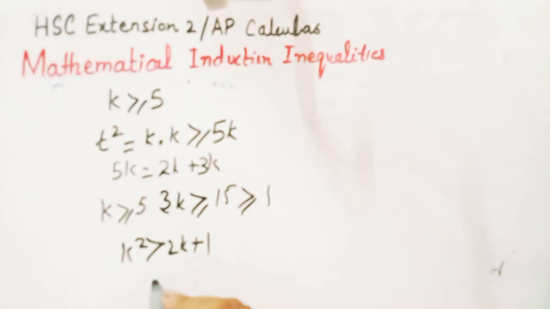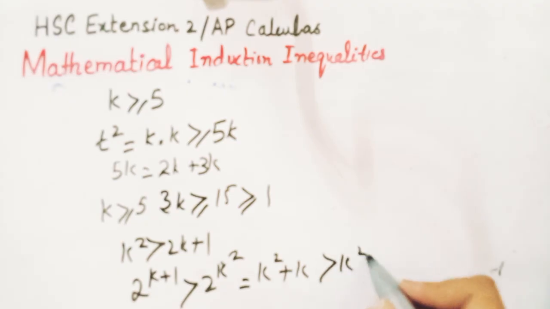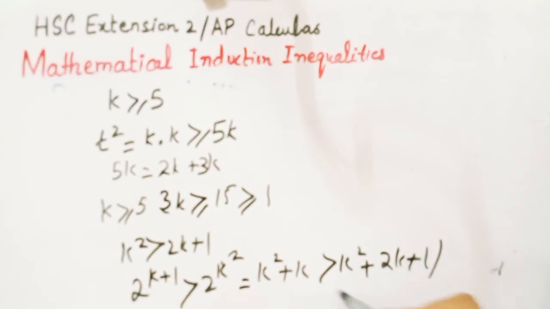This will be 2 raised to power k plus 1 greater than 2k square. It will become k square plus k square, which is greater than k square plus 2k plus 1, that is k plus 1 whole square. So let's establish the final proof. K is greater than or equal to 5, so k square, which is k times k, must be greater than or equal to 5k.